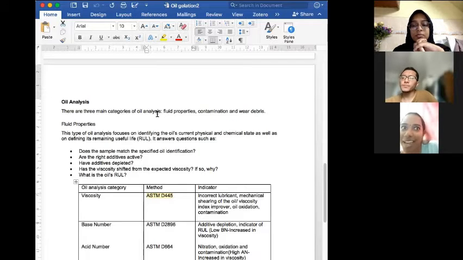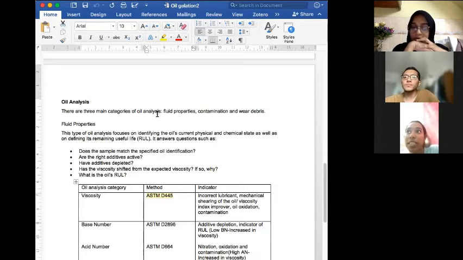Let's say we are the manufacturer, so they bought it from us, and the second oil sample is from the engine itself. So we have to identify these 2 samples, that they are indeed our samples. We will do some identification, some physical tests, and then check their viscosity.